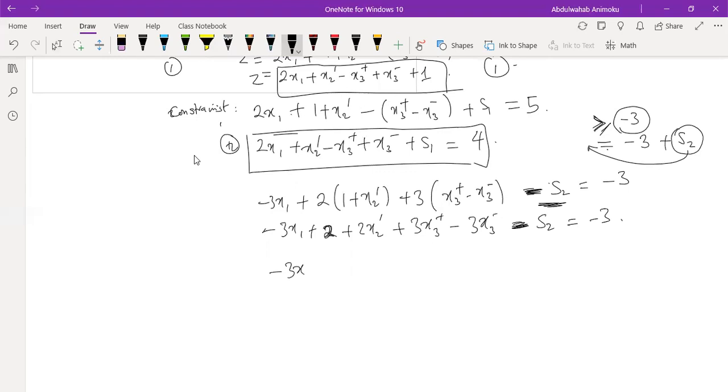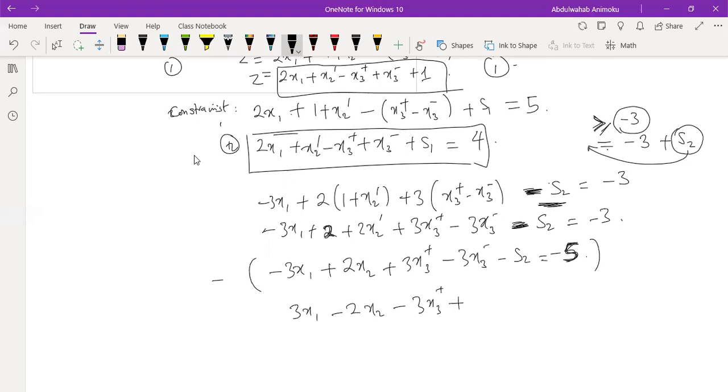So that will give us minus 3x1 plus 2x2 prime plus 3x3 plus minus 3x3 minus s2 equal to what? Minus 5. Now, we can generally just multiply the whole thing by minus 1 so that we keep this constant positive. So that will give us 3x1 minus 2x2 prime minus 3x3 plus 3x3 minus plus s2 equal to 5.